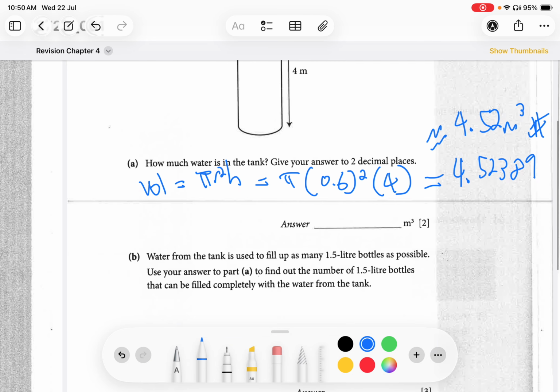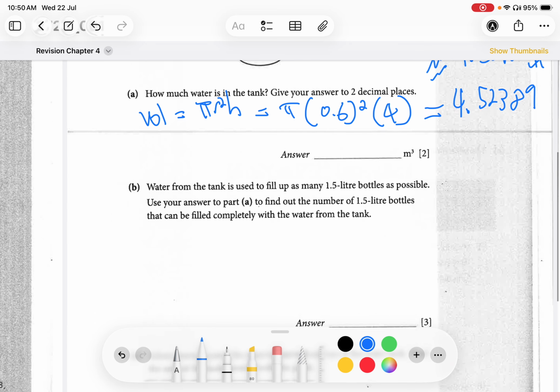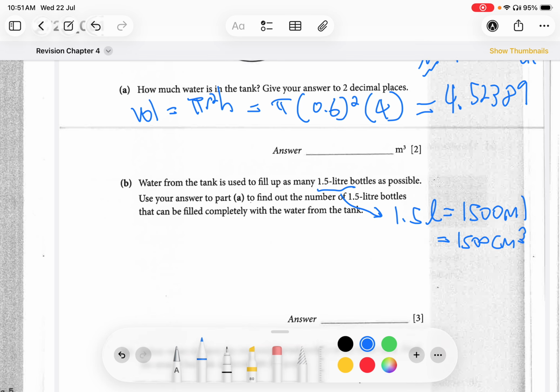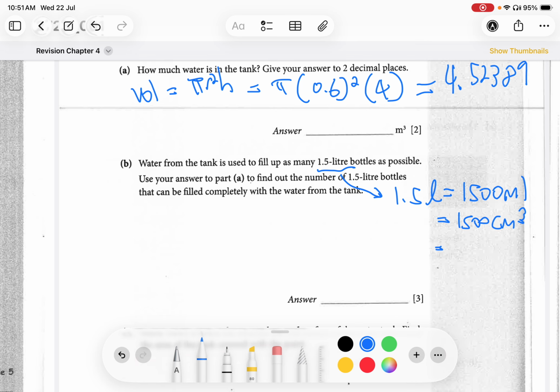Okay, for this. Then it asks how many 1.5 liter bottles you can fill up. So a 1.5 liter bottle is 1.5 liters, which is 1500 ml, 1500 cm cube. Correct. In meter cube is how much? To change to meter cube is divide by 1,000,000. 0.0015.